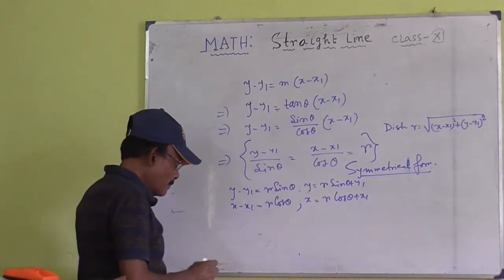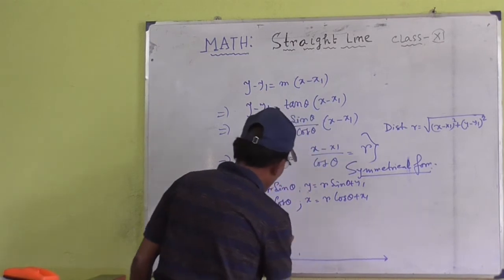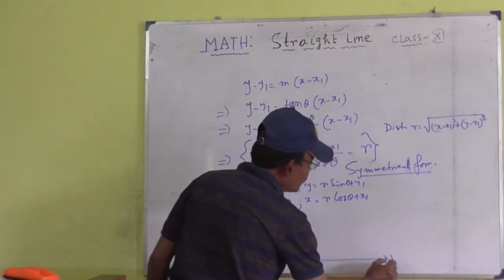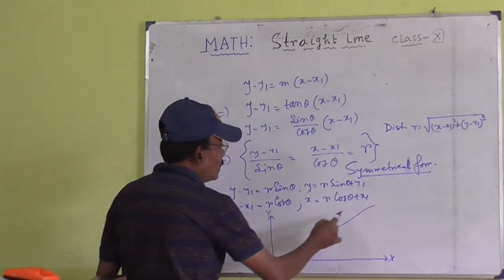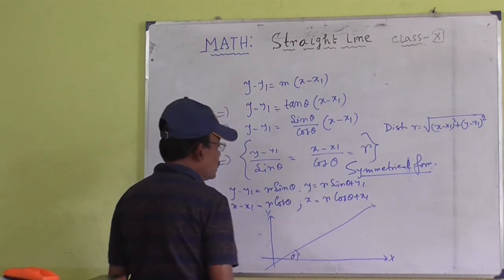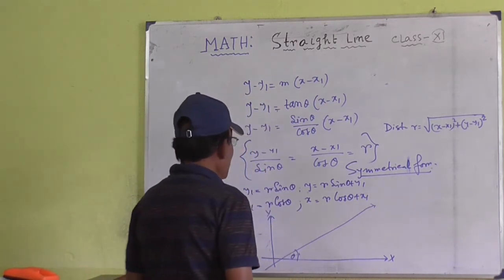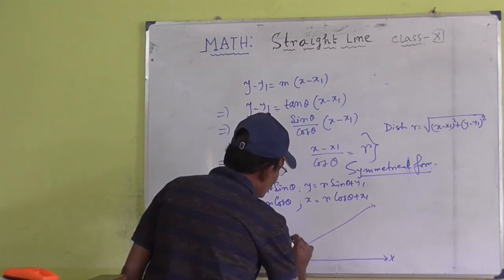Let us take this y axis and x axis. Here this line makes angle theta. Clear? x1, y1 is the fixed point.